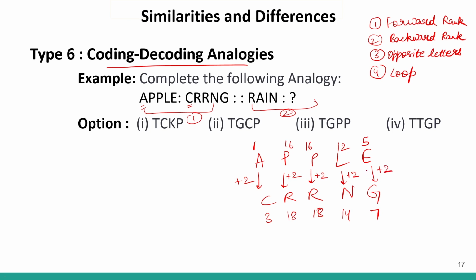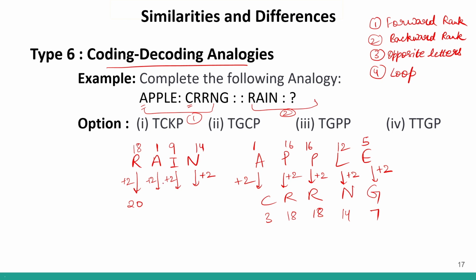So the same logic we'll use for rain. Let me write rain. Now, for rain, the forward rank for R is 18, forward rank for A is 1, forward rank for I is 9, and forward rank for N is 14. So if I go 2 positions forward in each case, following the same logic, then I'll get 20th rank.